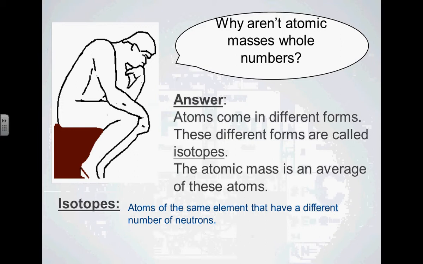So it's the same number of protons, but it may have an extra neutron or maybe be missing 1 neutron, giving it a different atomic mass. So we call those isotopes.